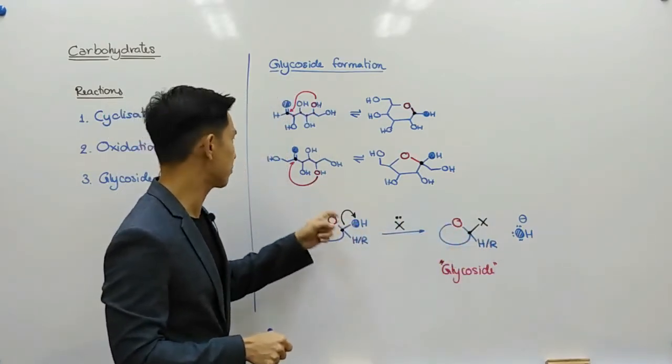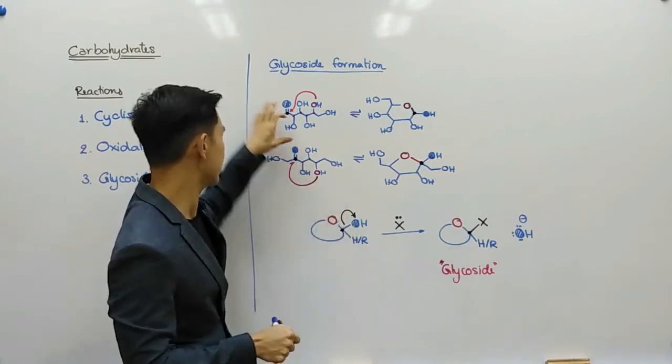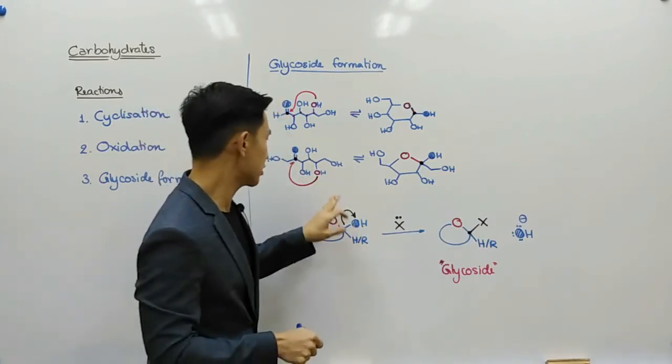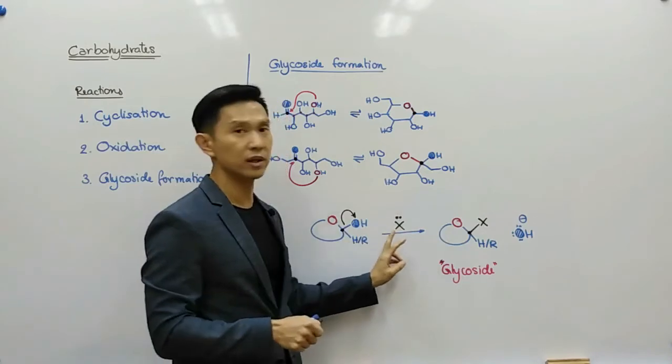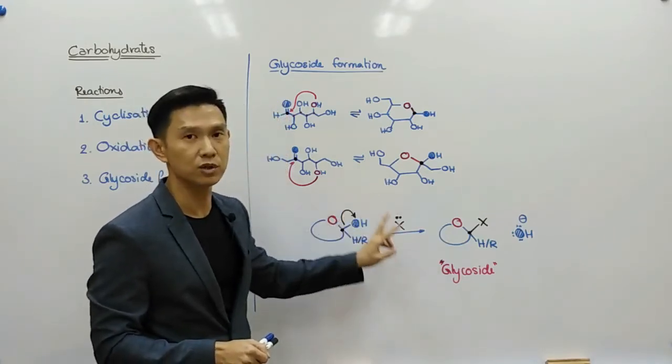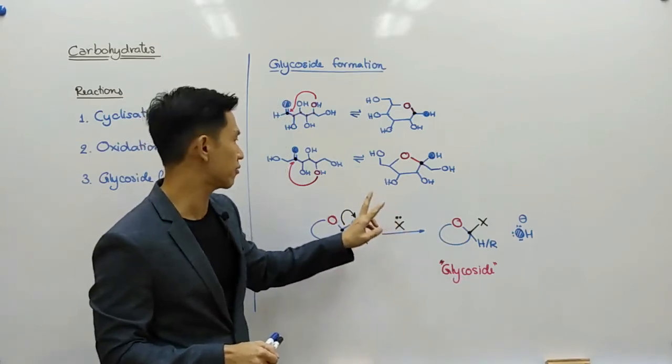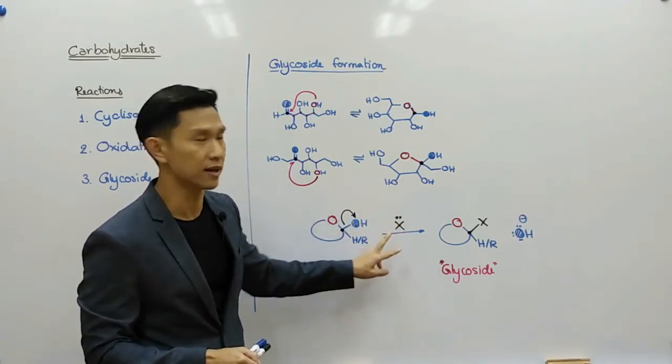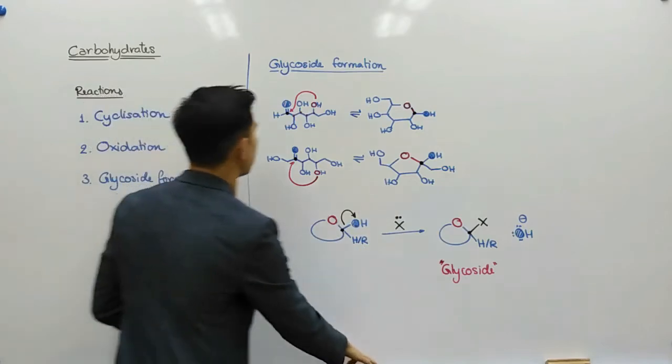Okay? So a glycoside is the compound in which the first OH, the OH that previously appeared as the carbonyl group, was released and substituted with something like this. It can be any kind of molecule with a negative charge or with a very high density electron pair like this. I will show you one example for this.